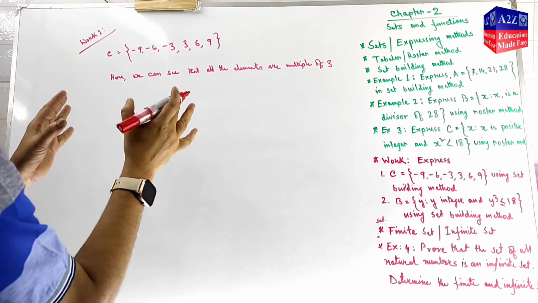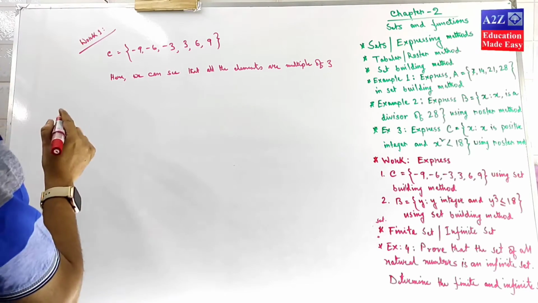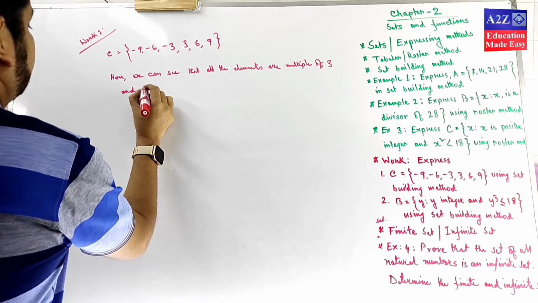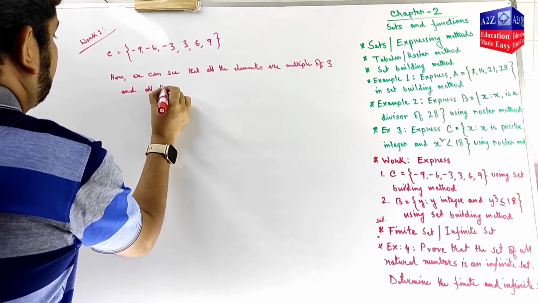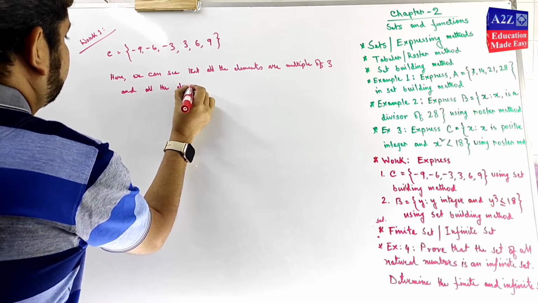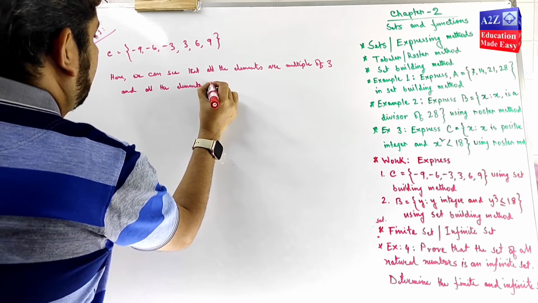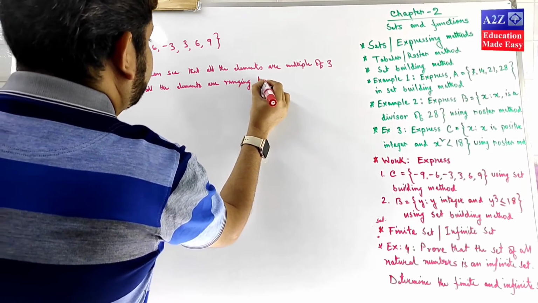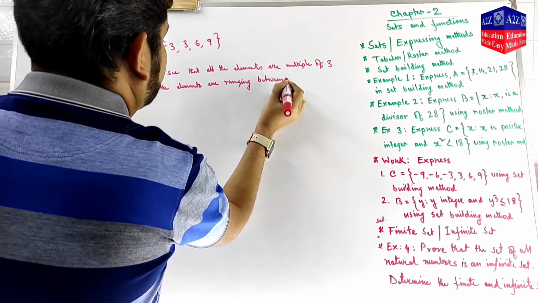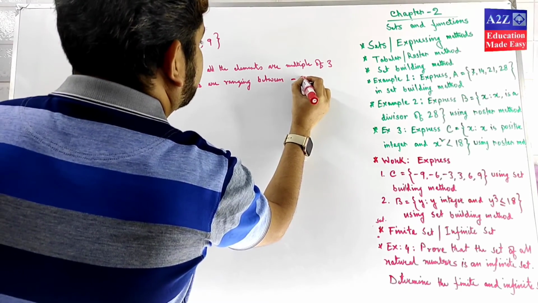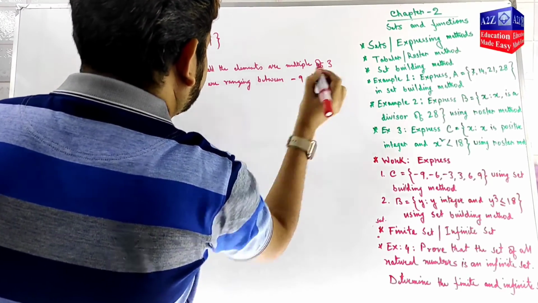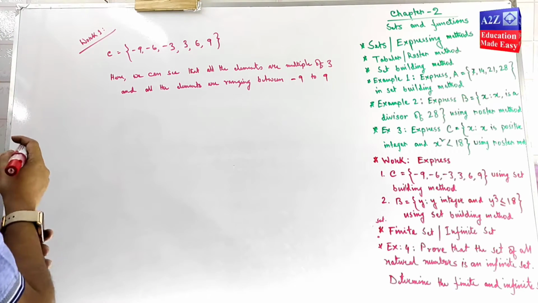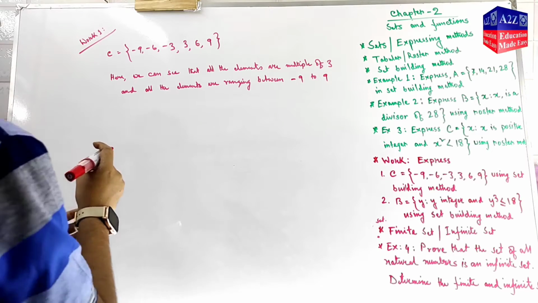This can be treated as the first property, and all the elements are ranging between -9 to +9.